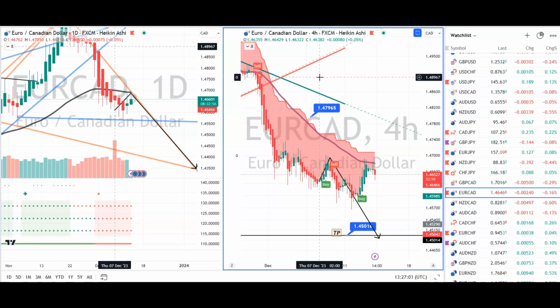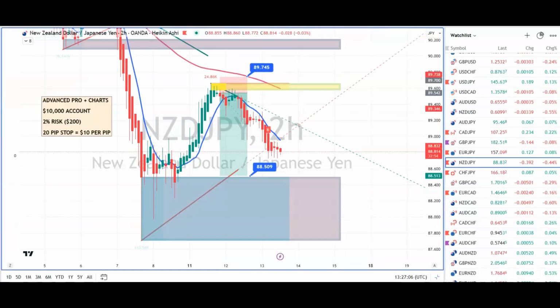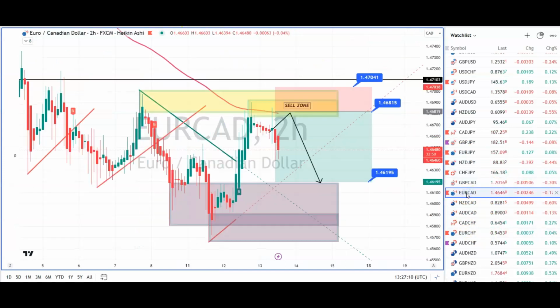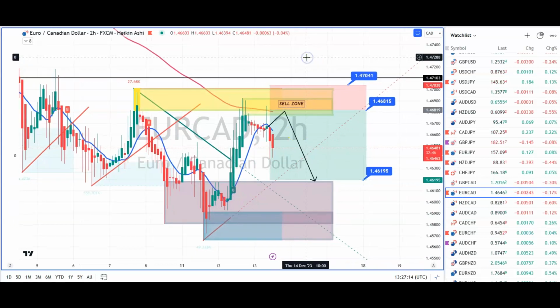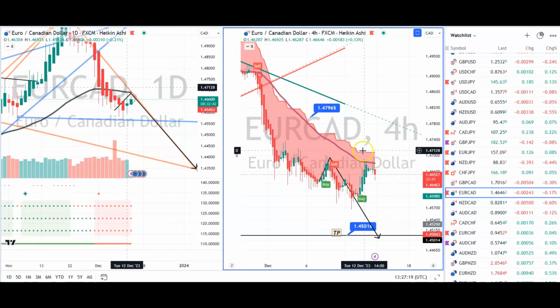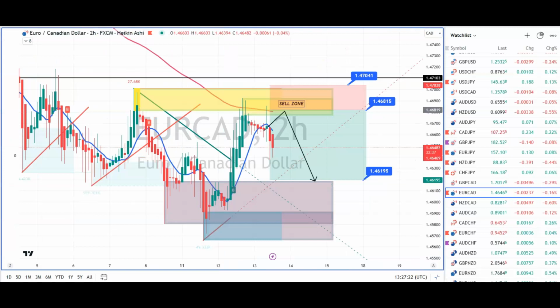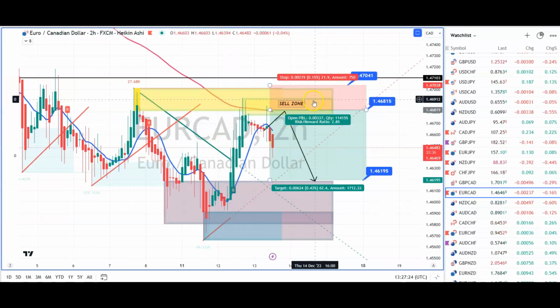Okay. Now let me dial down to the Euro Canadian. This is a great lesson, isn't it, in trading at the very, very best. Previously you would have had $200 risk, $2 per pip. In this instance, we've got a sell zone here. We've got a 21 pip stop.